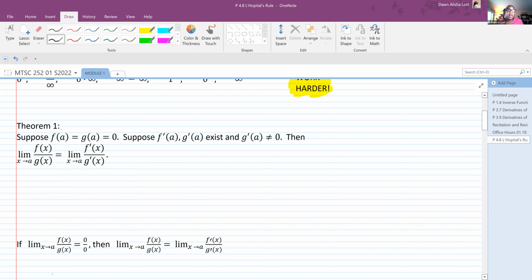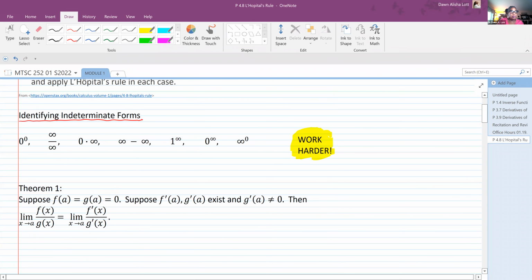So we will go ahead and just plug in the value. So I'm looking at the limit as x approaches a of f of x over g of x. And the first thing I do is I plug in what a is for f, and I plug in what a is for g. But if I get 0 over 0, that means I don't know what to do because that's one of my indeterminate forms.